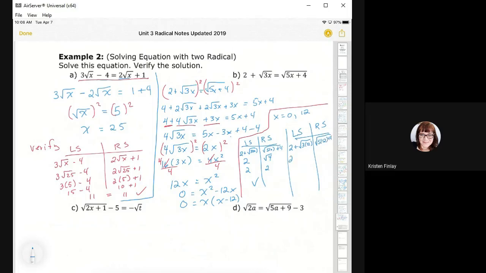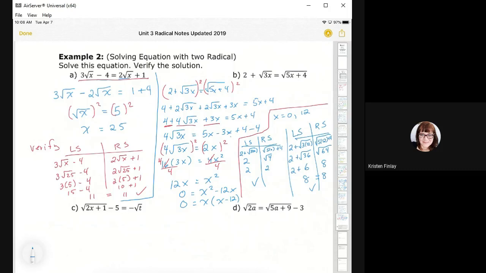So we're going to get 2 plus root of 36. And this works out to square root, 5 times 12 is 60, plus 4 is 64. So 2 plus square root of 36 is 6, and this is 8. So 8 is equal to 8. So they both work. Okay.